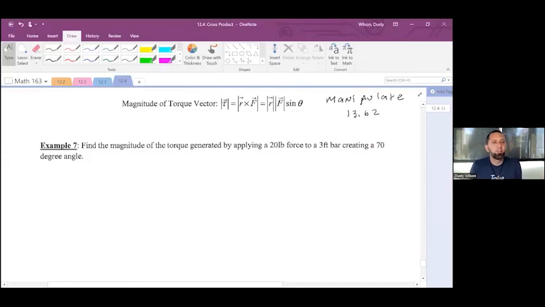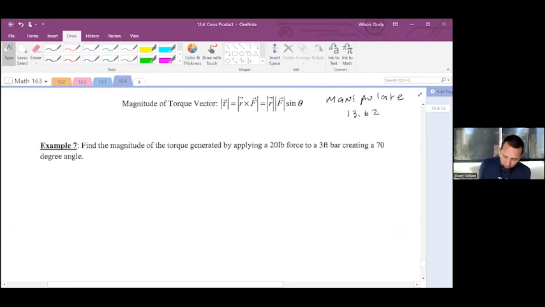Example 7. Find the magnitude of the torque generated by applying a 20-pound force to a 3-foot bar, creating a 70-degree angle. This is actually kind of a funny example because a 20-pound force is not a lot of force, and a 3-foot bar is a pretty long bar, but let's see how it all comes together.